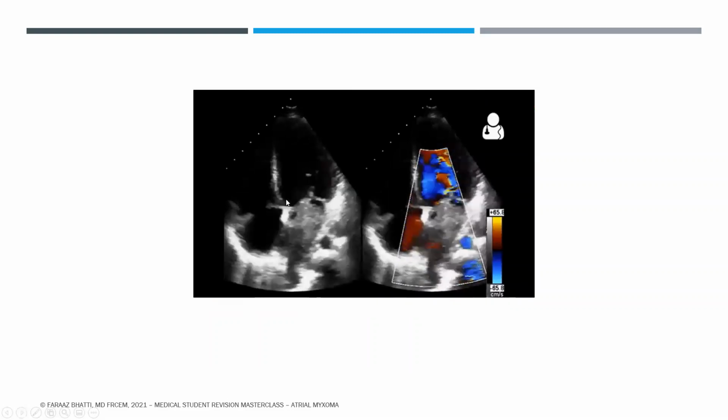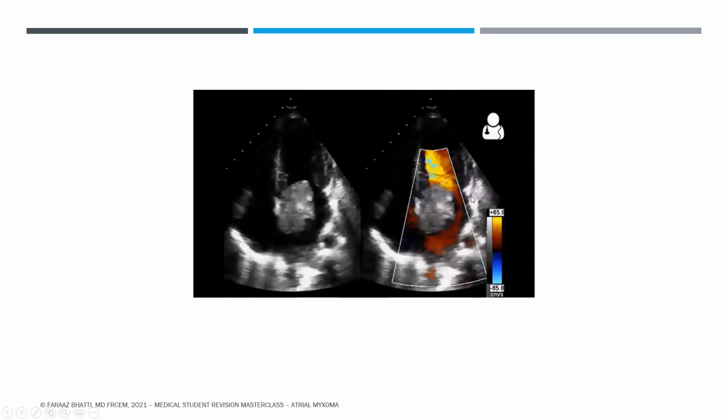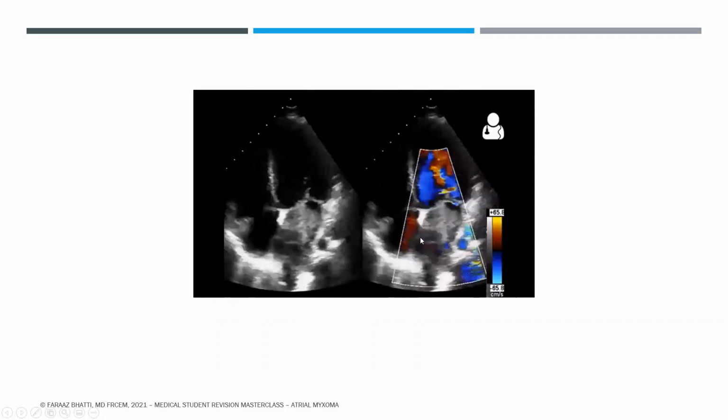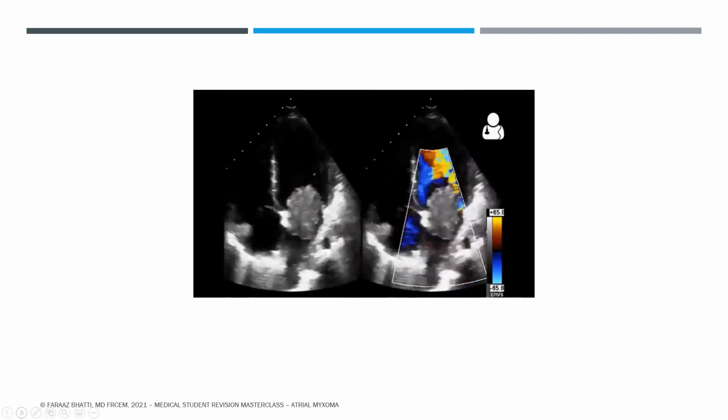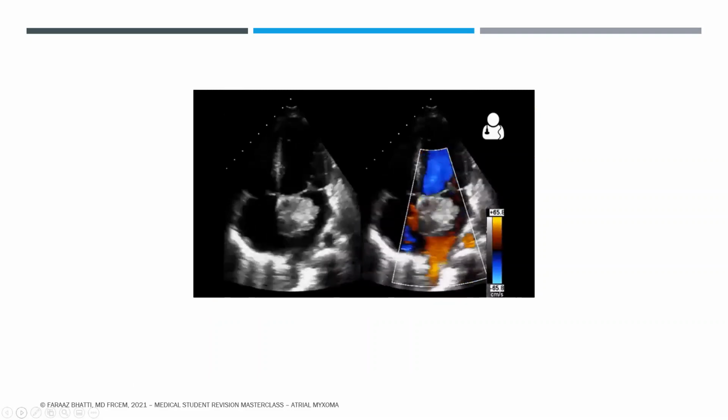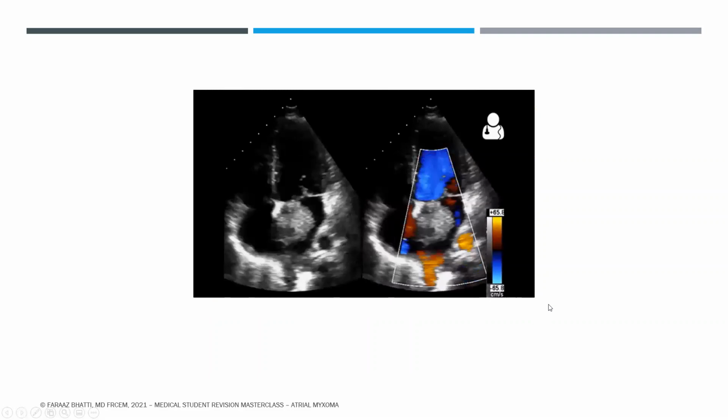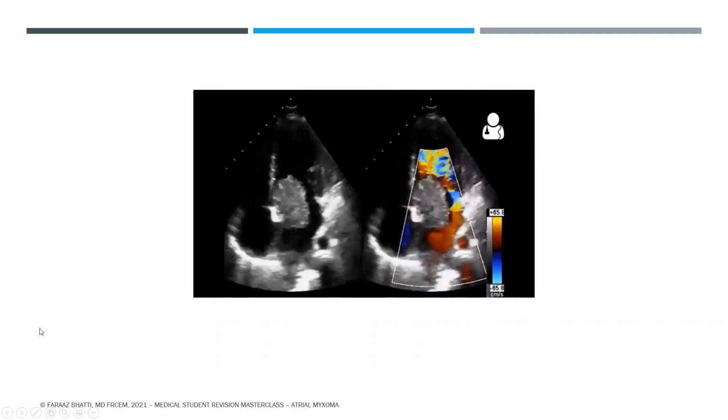Again, you can see the myxoma and how it can obstruct blood flow and affect the valve leaflets. Again, this is an apical view on an echocardiogram.